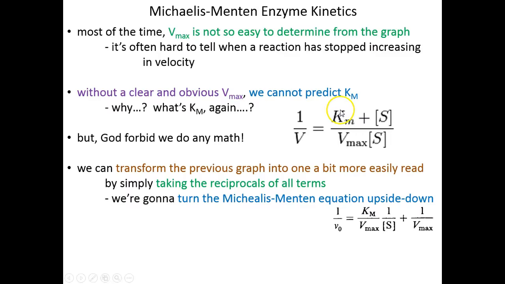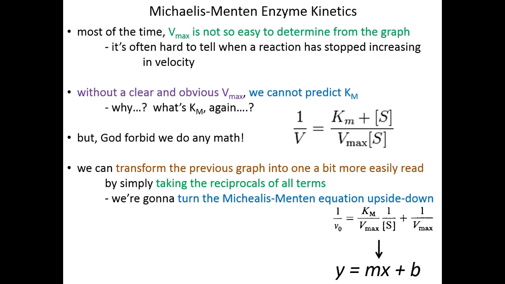And that's what that is. Km over Vmax times 1 over substrate would be Km over Vmax times S, plus 1 over Vmax itself. So we can separate this equation, this term, into these two terms here, and get the same result.